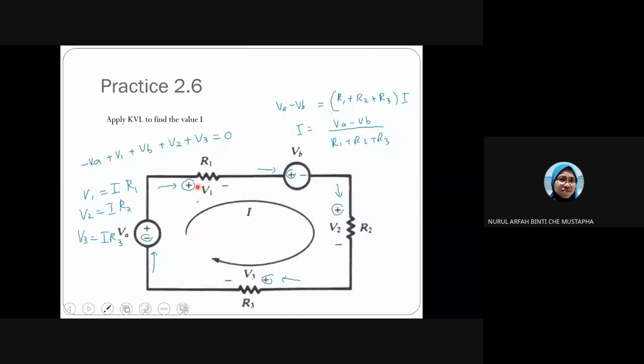So let's a minus. And then it's a plus here. And then B, B, and B2. So not the resistance. And 3 will be 3 and 3 equal to 0.